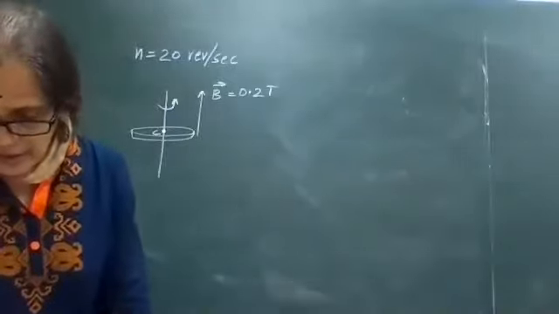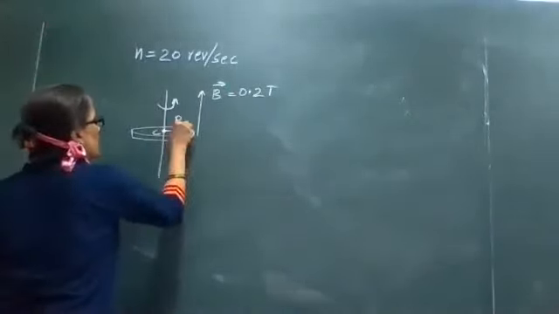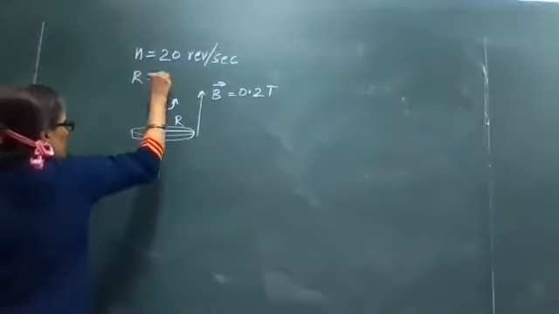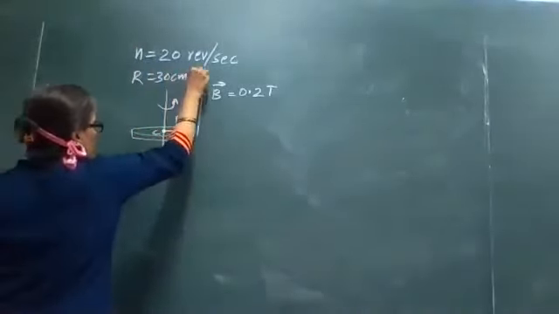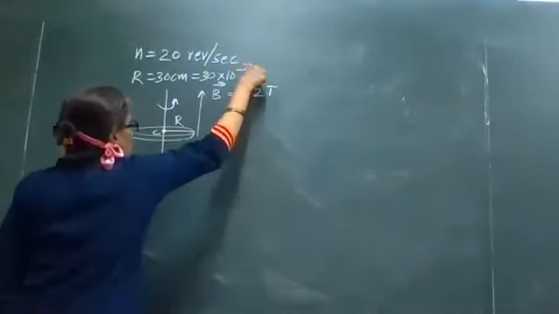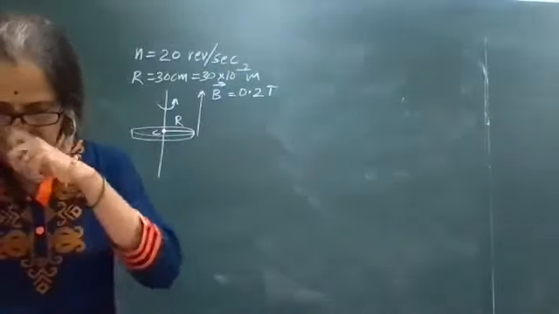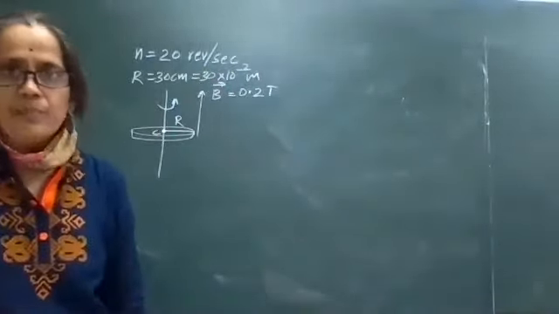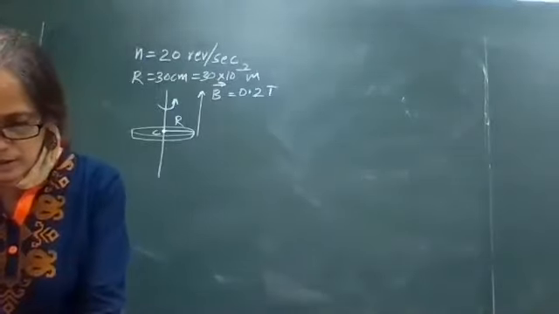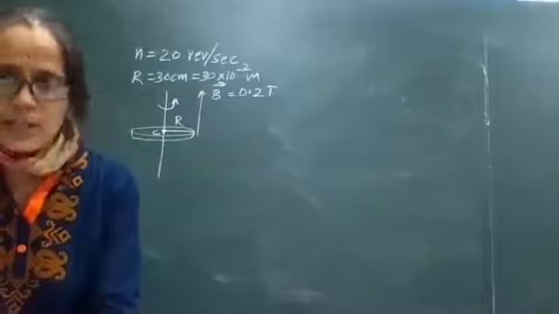Fine? And the disc radius is given. The radius of the disc is 30 centimeter. Centimeter you have to convert into meter, so 30 into 10 raised to minus 2. Clear? Okay, fine. Now first, what is given? The area swept out per second by the radius of the disc.